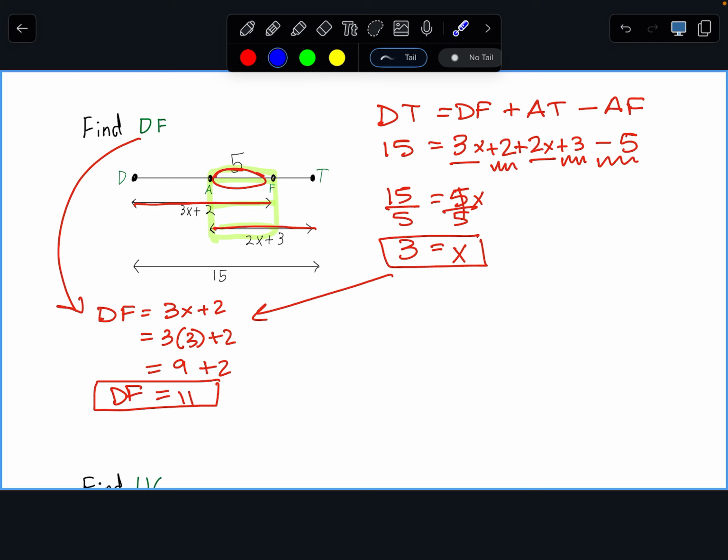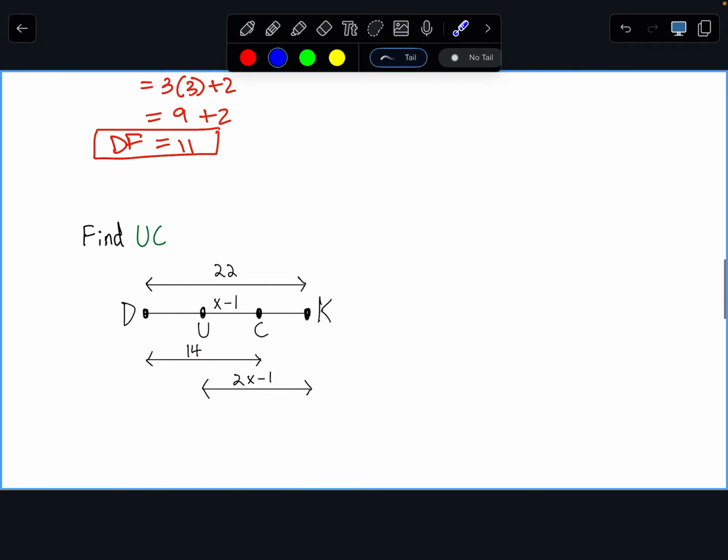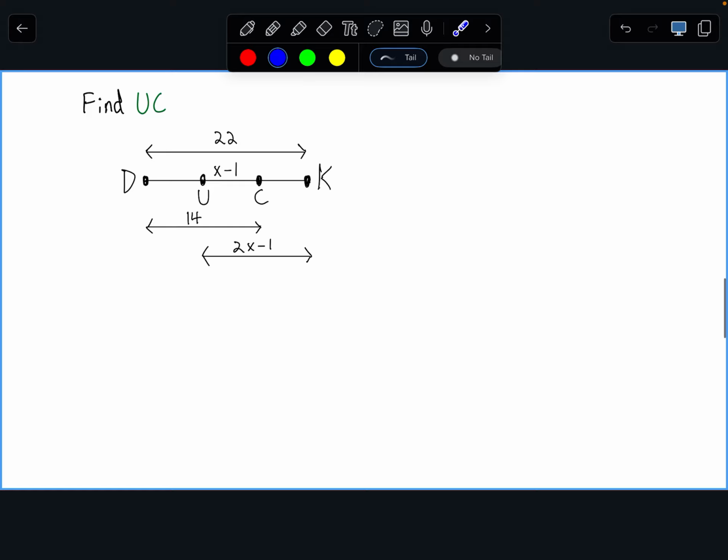Okay, got one more. Okay, so this is the same thing. The two pieces that I'm given overlap. So I can't say that this plus this equals 22 because there's an overlap. So how much do I have to subtract?